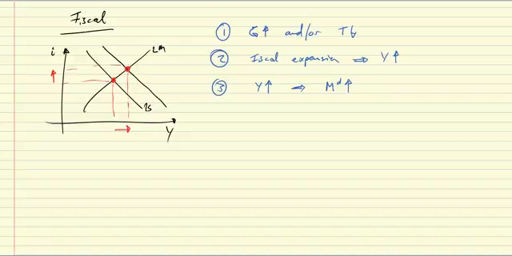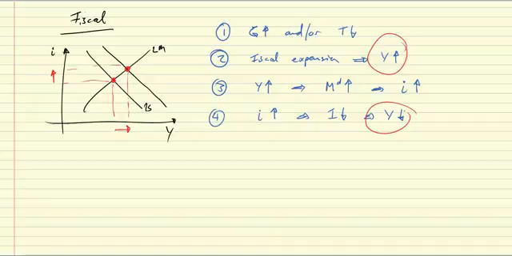The money demand curve shifts right, and that in the financial market leads to an increase in the interest rate. Fourth, the increase in the interest rate triggers a decrease in investment, and hence through the multiplier process a decrease in income. Okay, so we have here an increase in income and here a decrease in income.